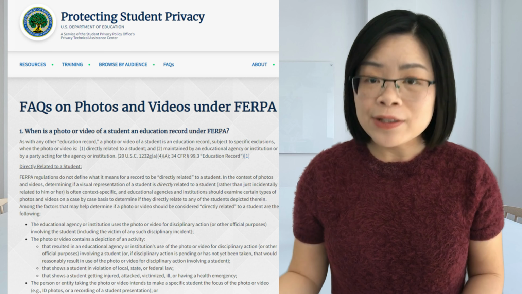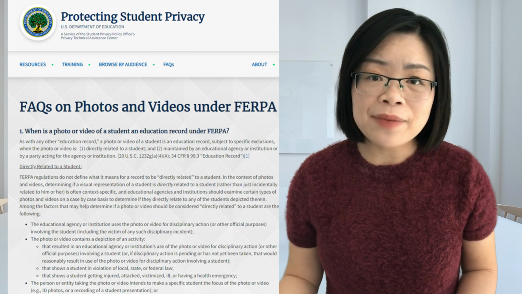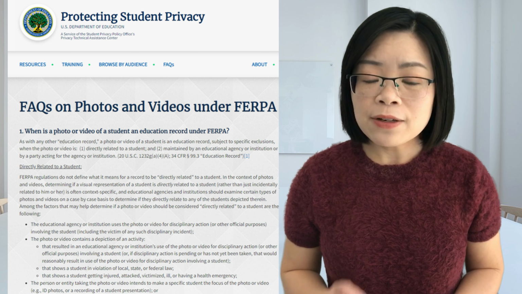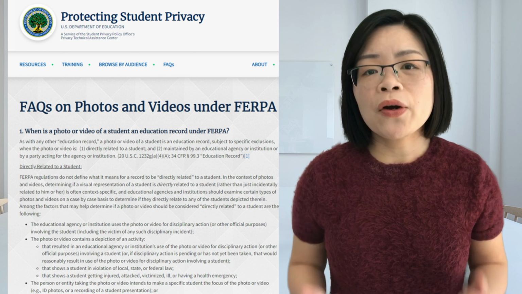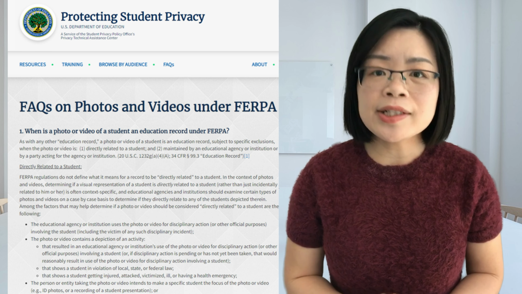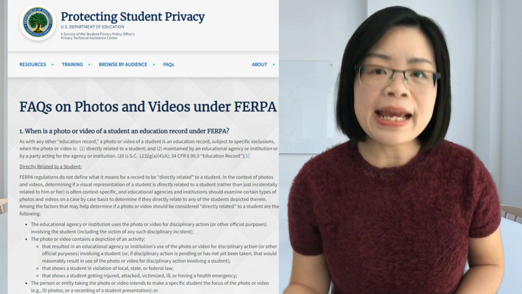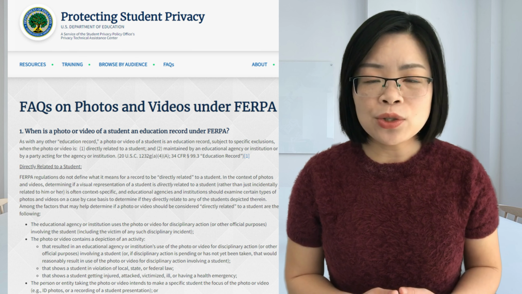When using social media, educators and administrators must exercise increased caution to avoid inadvertently violating FERPA. While FERPA does not explicitly mention photographs, the U.S. Department of Education has clarified that photos can be considered part of students' education record if they directly identify the student and are maintained by the educational institution.